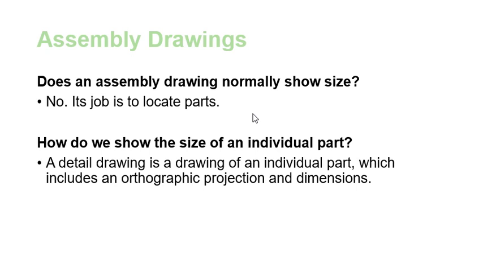Then we've got to know whether your assembly drawing is going to show the size of it. Your assembly drawing is going to concentrate on how many parts are in there and what they are, instead of showing the size. So not very dimension-wise, it's just going to locate the parts.